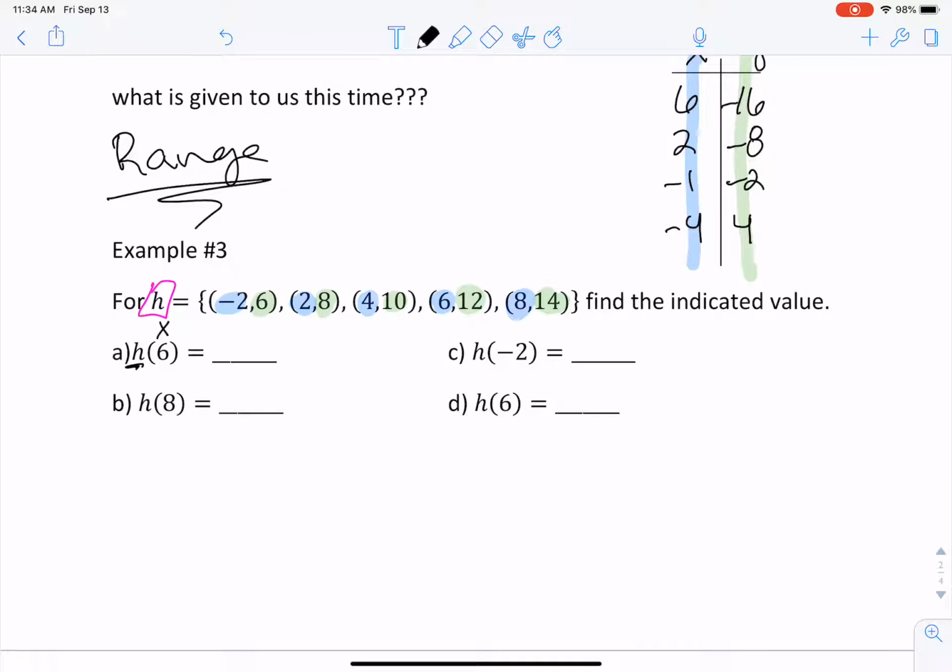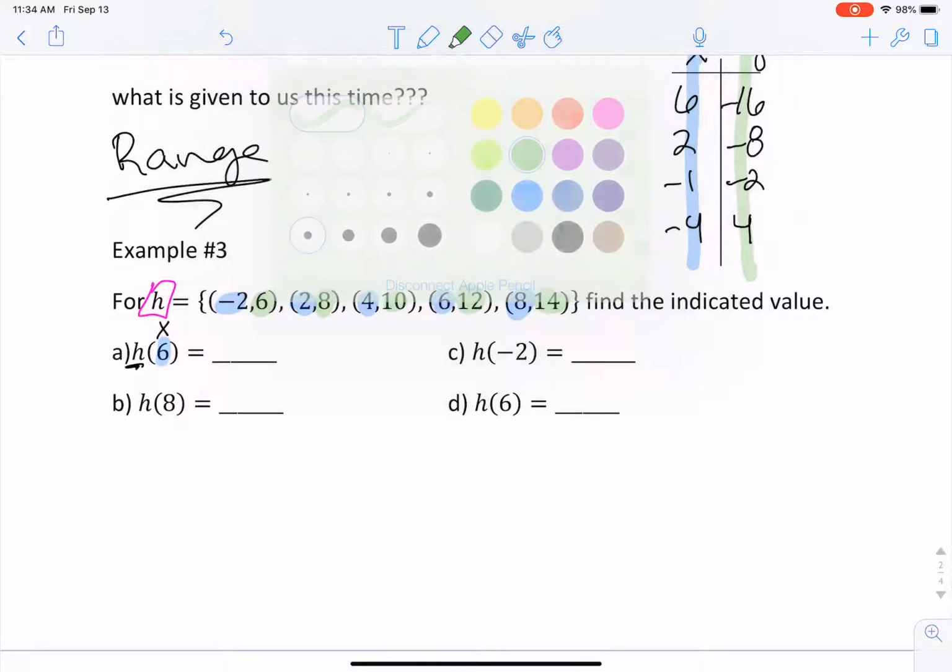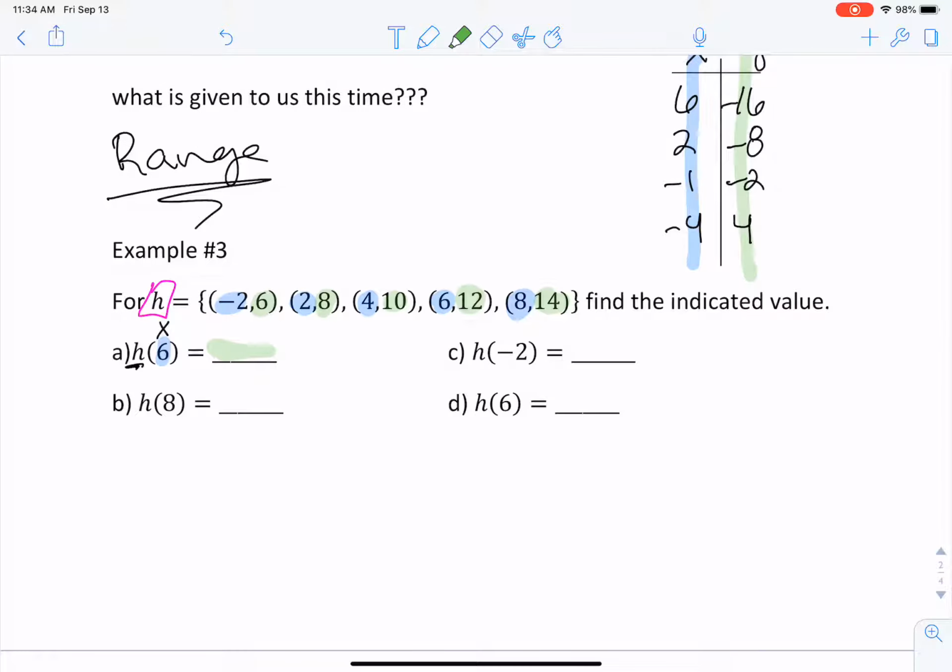So x is always going to be the number inside the parentheses after the letter. So we're going to find where x was 6 and find that y value that corresponds with 6. So x is 6 is right here, so my y is 12.